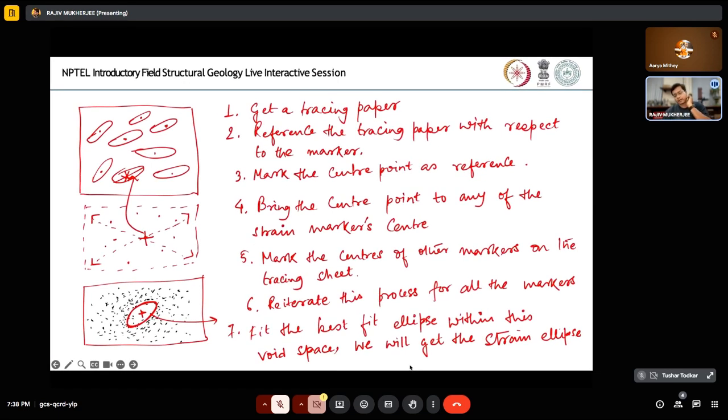So this is the process how you actually determine the strain ellipse, the finite strain ellipse.